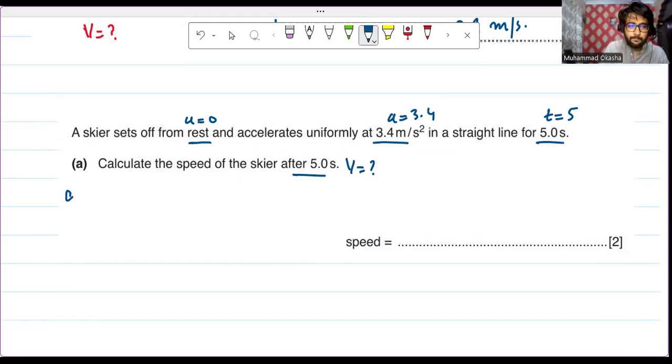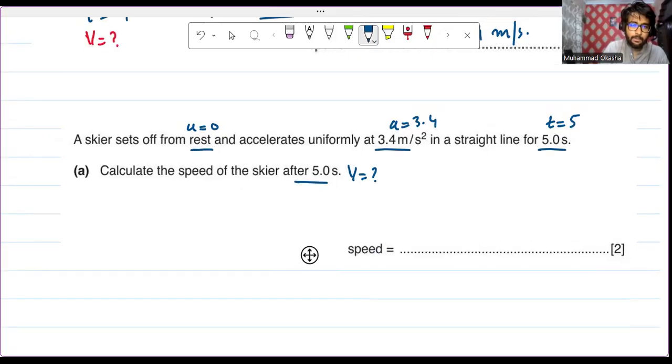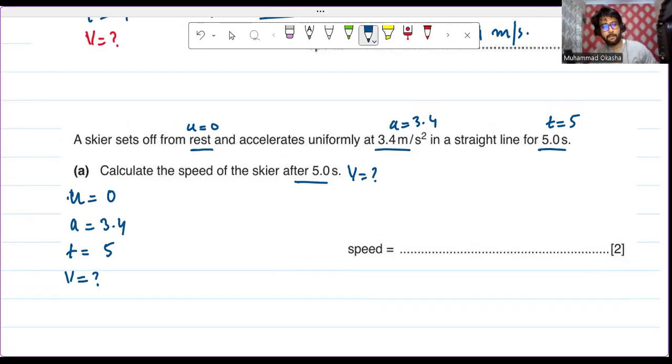Again, initial velocity u is equal to 0, right? a equals 3.4, time equals 5. We're looking for final velocity because we're looking for the speed after 5 seconds. So I'll put this in the formula, v minus u divided by t.